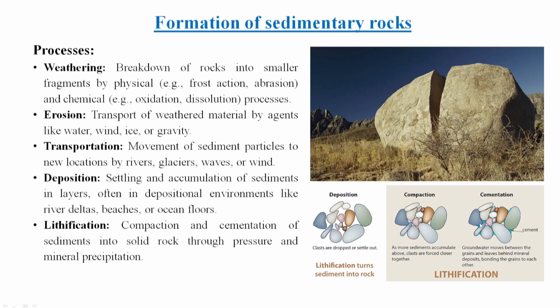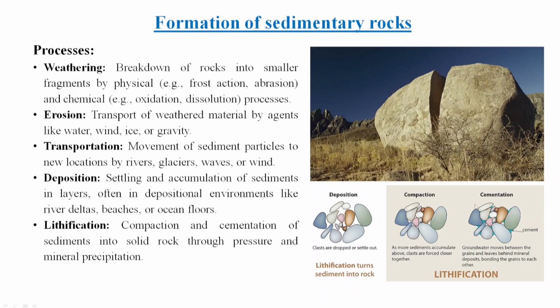When it moves through these grains, it precipitates other minerals within the pore spaces, or the voids or vacant spaces, within these grains of different sizes, or even of uniform size. We will talk about that as well when we discuss the texture of sedimentary rock. So, it might get cemented during the process of lithification. Finally, after cementation you can refer to a rock as a sedimentary rock if it forms in a way like this.